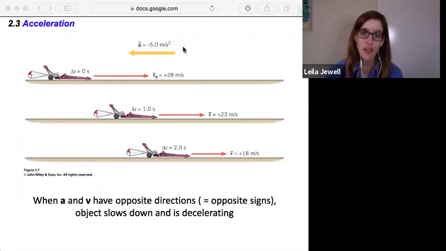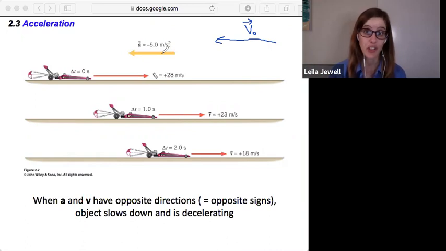Where the negative acceleration doesn't necessarily mean it's slowing down is we could imagine, what if our initial velocity is in the negative direction? If my car was initially headed in the negative direction and I have an acceleration that's also in that negative direction, that acceleration is going to be boosting it. So it's going to be traveling actually all the faster in the negative direction.